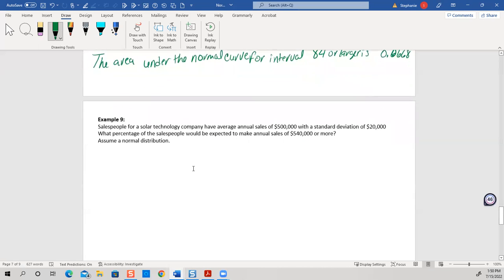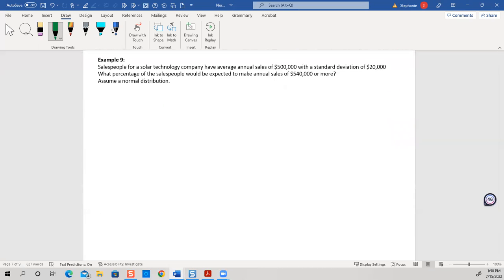Okay, so let's do number 9. Number 9 says that salespeople for a solar technology company have average annual sales of 500,000 with a standard deviation of 20,000. What percentage of the salespeople would be expected to make annual sales of 540,000 or more?